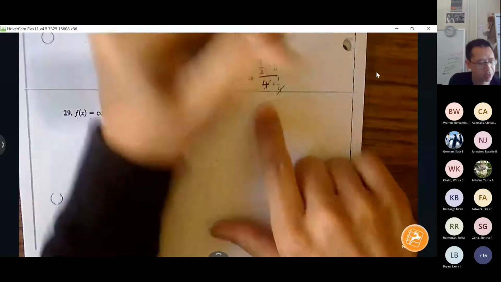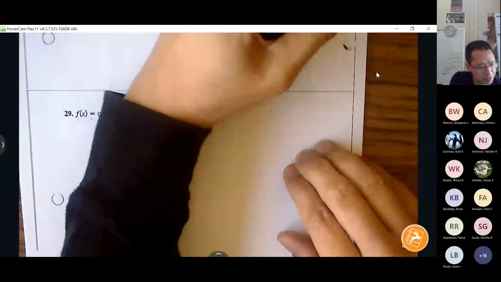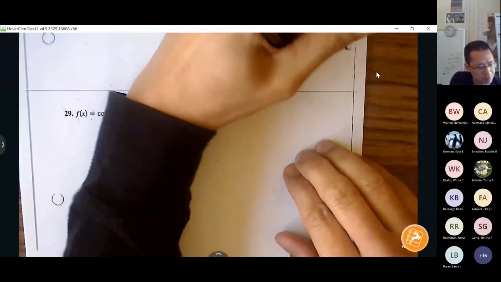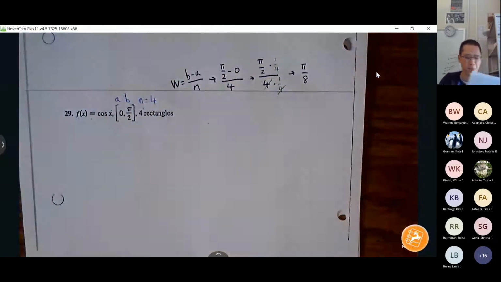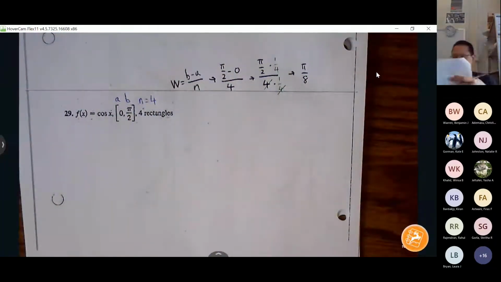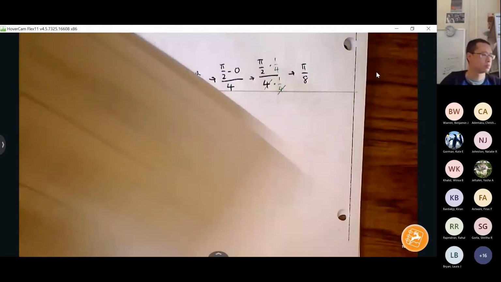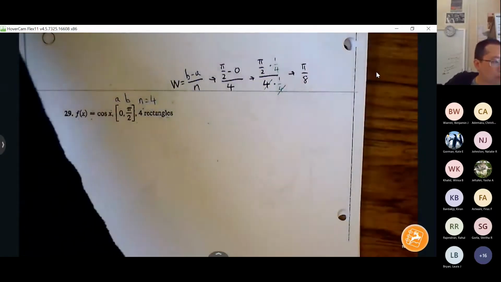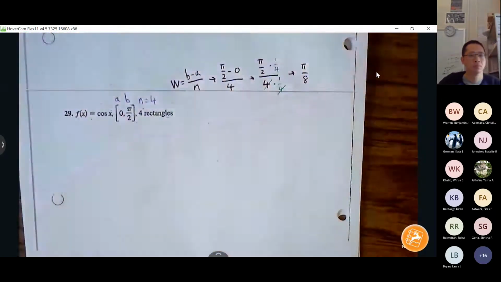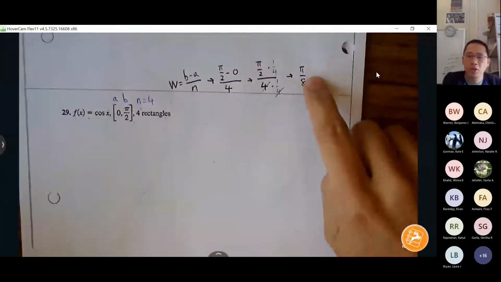Okay, so this goes away. We're left with pi over 8. So pi over 8 is our width.